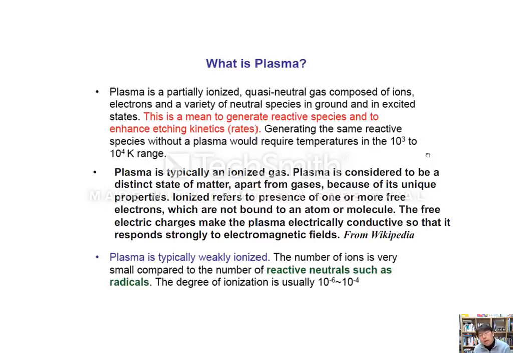Having the plasma has advantages in dry etching, because with the help of plasma, you don't need a really high temperature in your dry etching chamber, right? Sometimes without plasma, in some cases you need a very high temperature to enhance the etch rate. But with the help of plasma, you don't need to have that high temperature in the chamber.